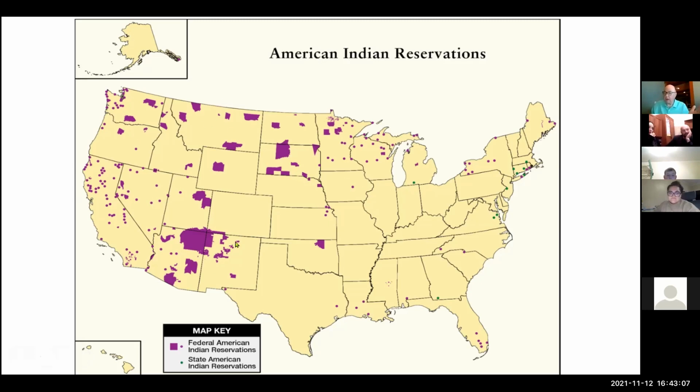Now, of course, there were other native tribes that already lived here, but many of them were relocated. Those reservations were set aside here, for example, in the state of South Dakota. Many of those reservations did not exist. And so Native American tribes from the East were pushed west. So you see so many of them.